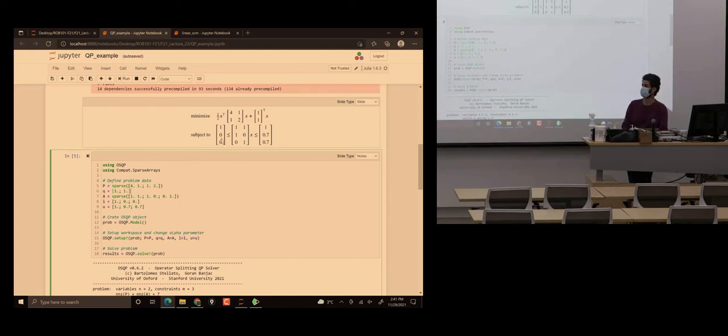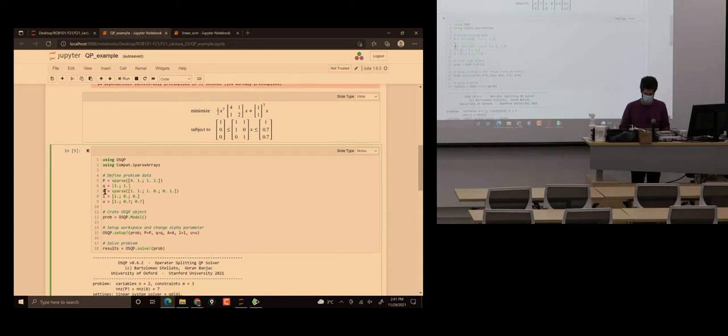Now, what if we have x greater than 0? There's no upper bound, right? You set the upper bound to be infinity. The solver will understand. So we combine all the constraints, already done here. So we need to define A, lower bound L, and U.